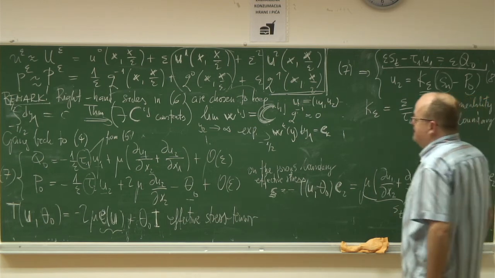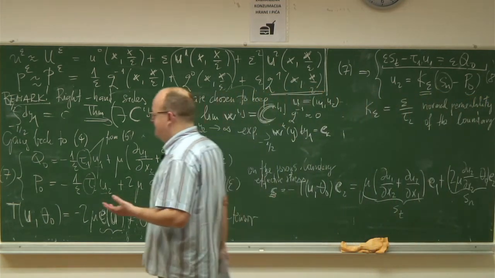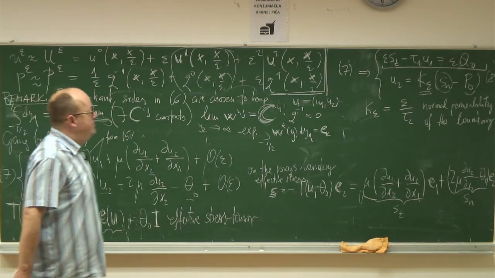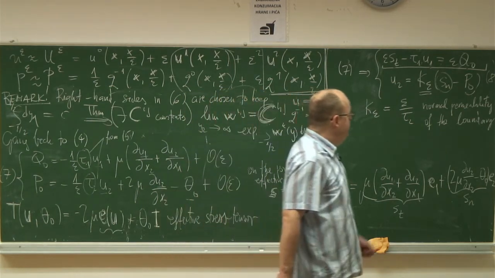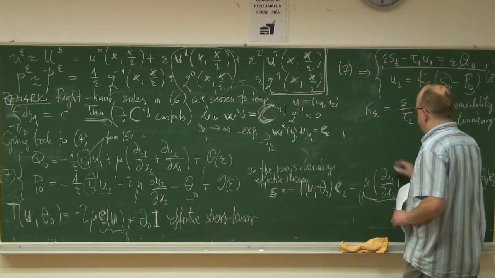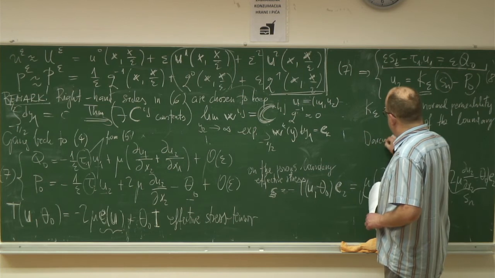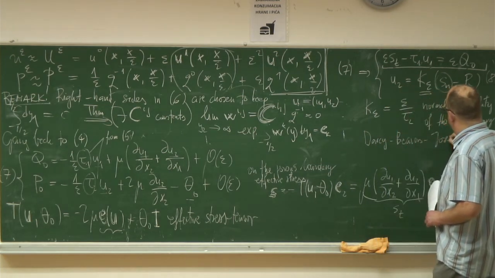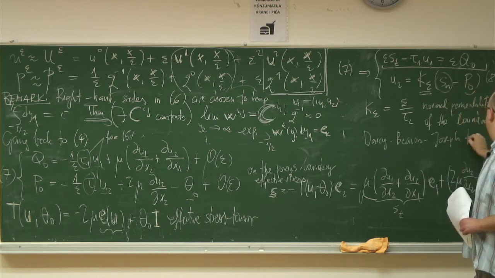So this analysis of ours yields a new type of boundary condition, which is essentially of the Darcy-Beavers-Joseph type.